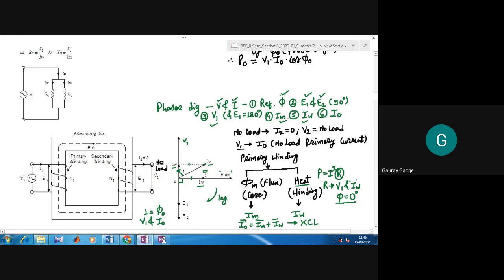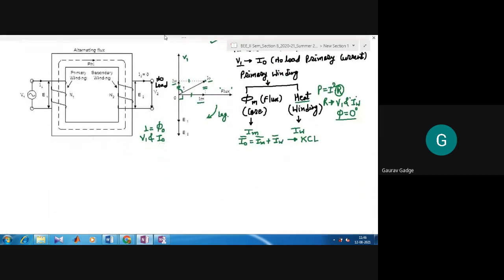The phase angle between I naught and V1 is fine.